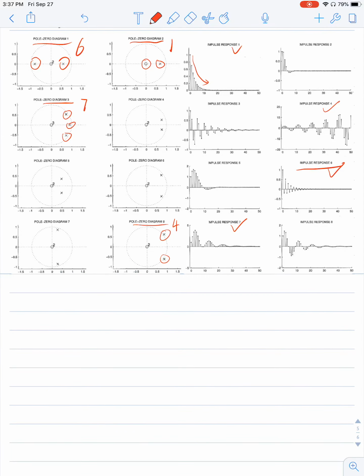Let's look at the remaining diagrams 4, 5, 6, 7, because they all have two poles which are complex conjugates. So H(z) looks like z squared over (z minus alpha) times (z minus the conjugate of alpha, which is alpha star).